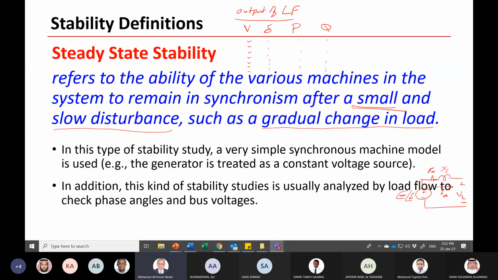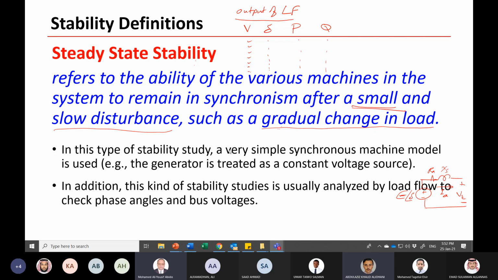Now for angle stability, which information do you need to look at? Abdulaziz, are you looking at the voltage or looking at the angles? I thought your question was about the load flow, how to determine if the system is stable from the load flow solution.